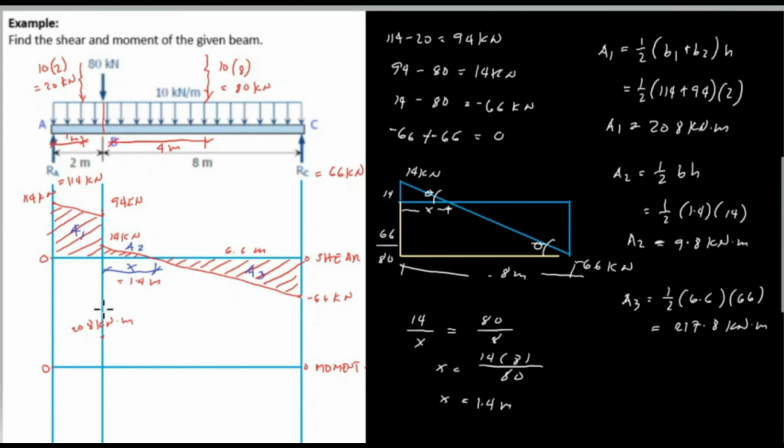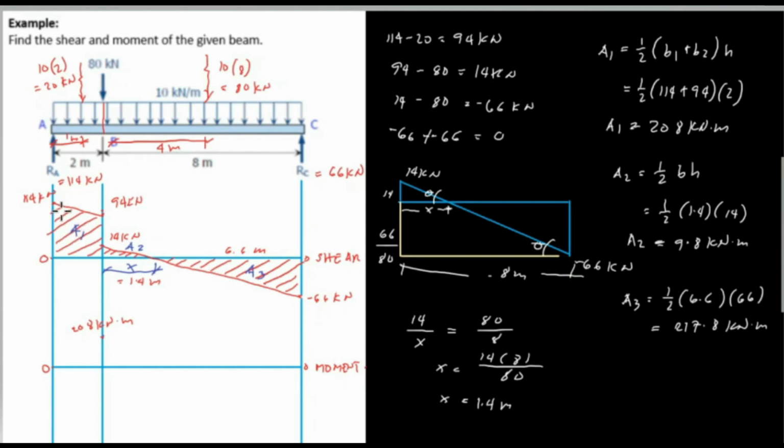How would you know if the curve is concave upward or concave downward? When the shear diagram is increasing, which means going up, the moment diagram is concave upward. When the shear diagram is decreasing, the moment diagram is concave downward.